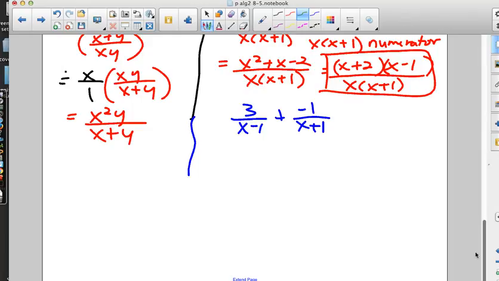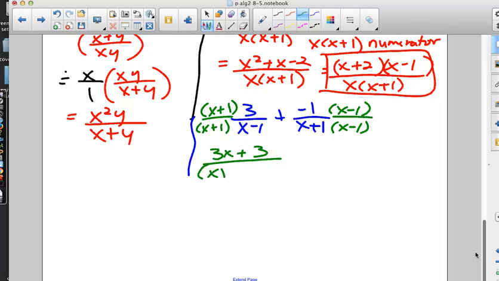What are you thinking next? Now what? Yeah, actually do the addition.